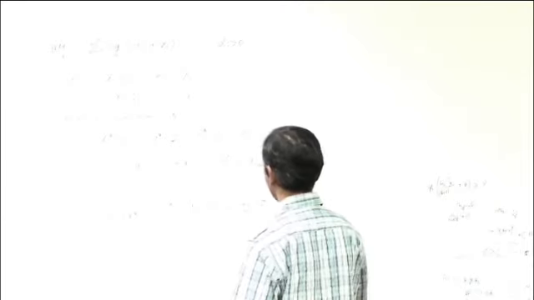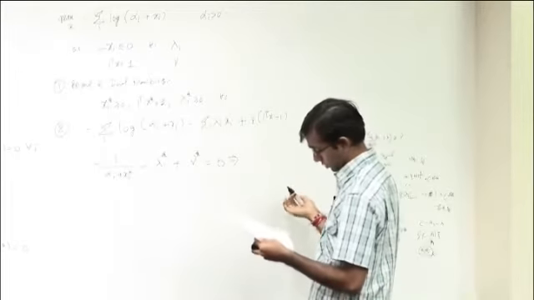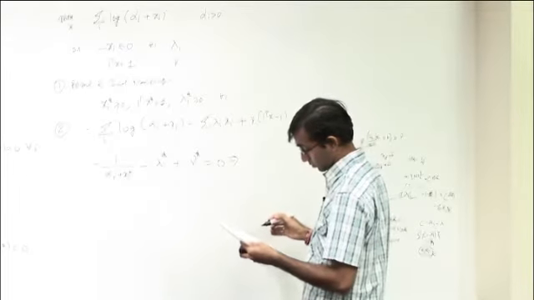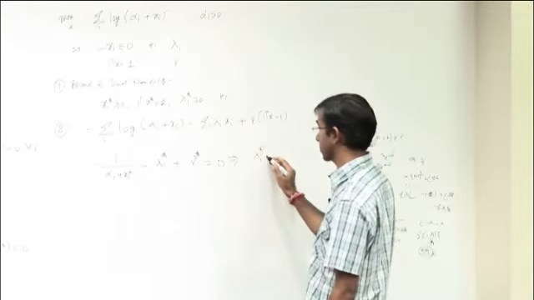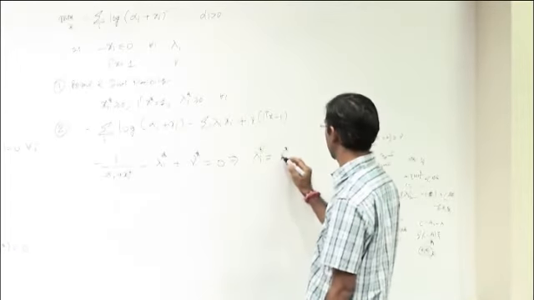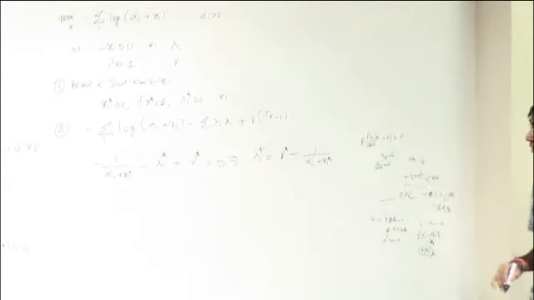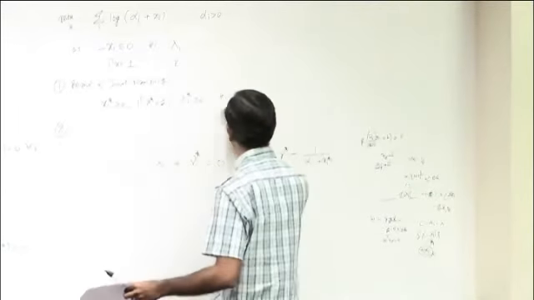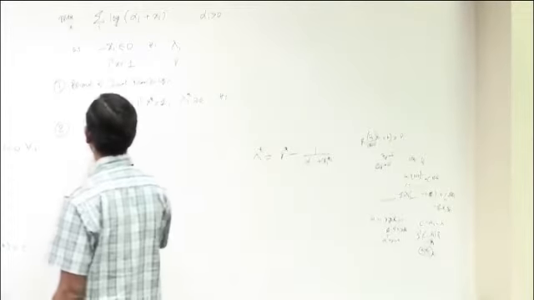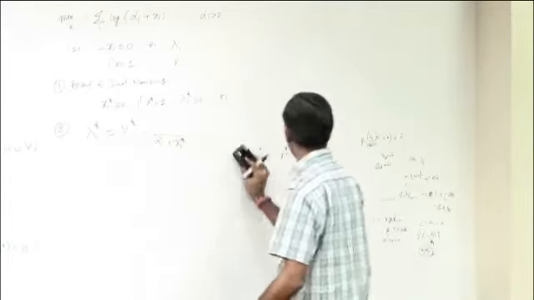So this will imply that my lambda i star is equal to nu star minus 1 by alpha i plus x i star. This gives me my second set of conditions, that lambda i star is equal to nu star minus 1 by alpha i plus x i star.